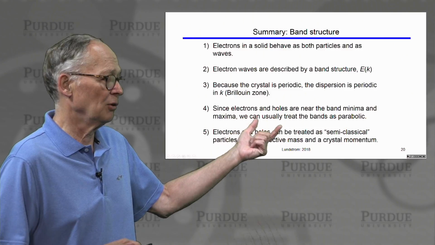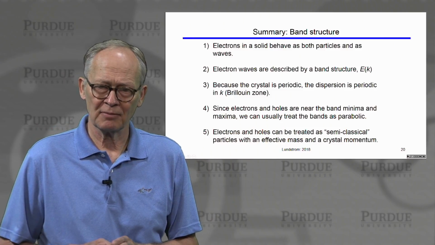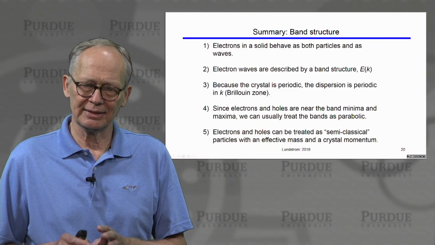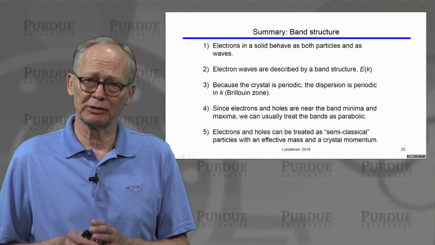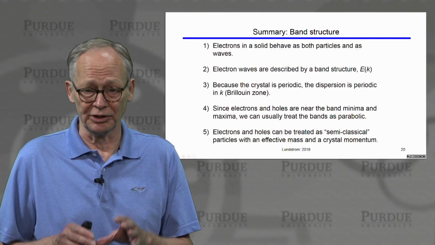Since electrons and holes are near the band minima, we can usually, for common semiconductors, treat the bands as parabolic because the band structure is parabolic near a minima or near a maxima.